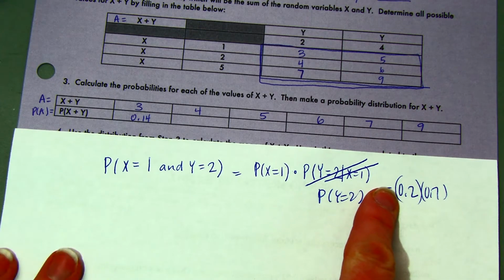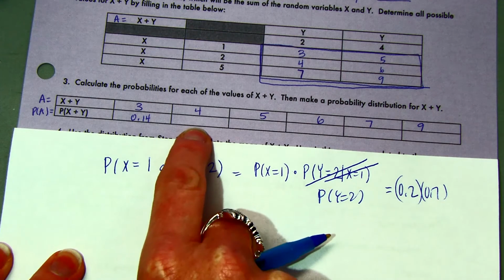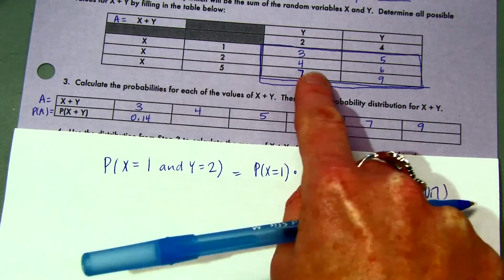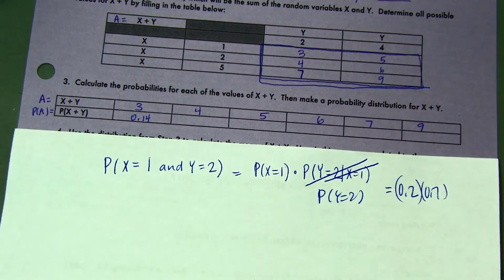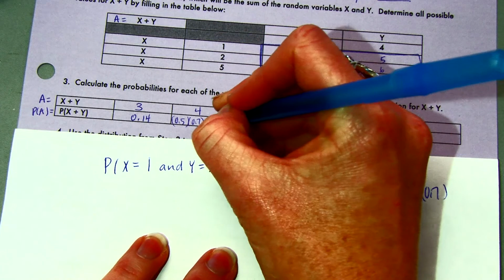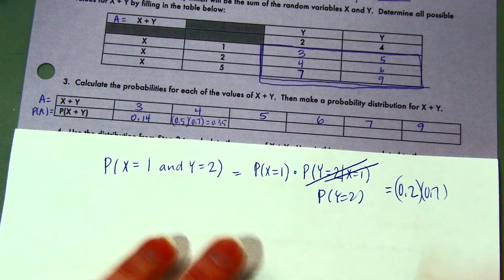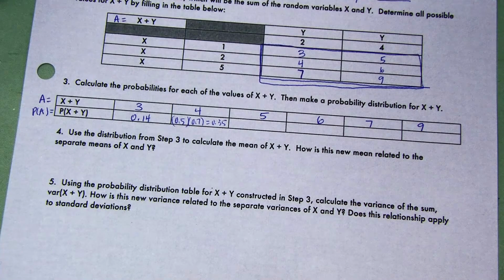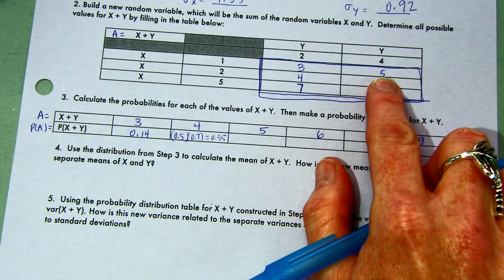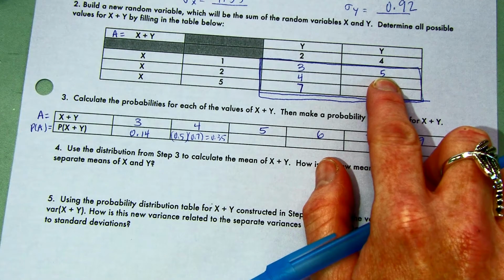Okay, so then how about here? When x plus y is equal to 4, that means x was 2 and y was 2. I multiply their probabilities together. So we take 0.5 times 0.7 to get 0.35. This is coming from over here where x was 1 and y was 4.